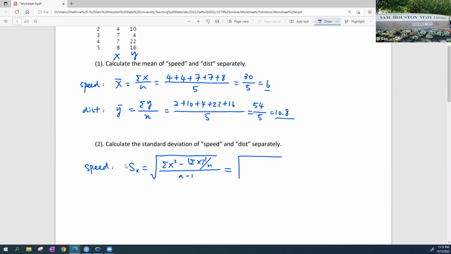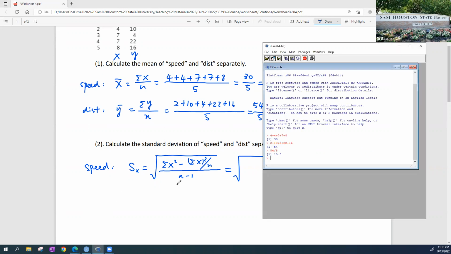So now let's see, do we have sum of x squared? We don't have it, so let's calculate sum of x squared, which is 4 squared plus 4 squared plus 7 squared plus 7 squared plus 8 squared. So that is, again, calculator, right?